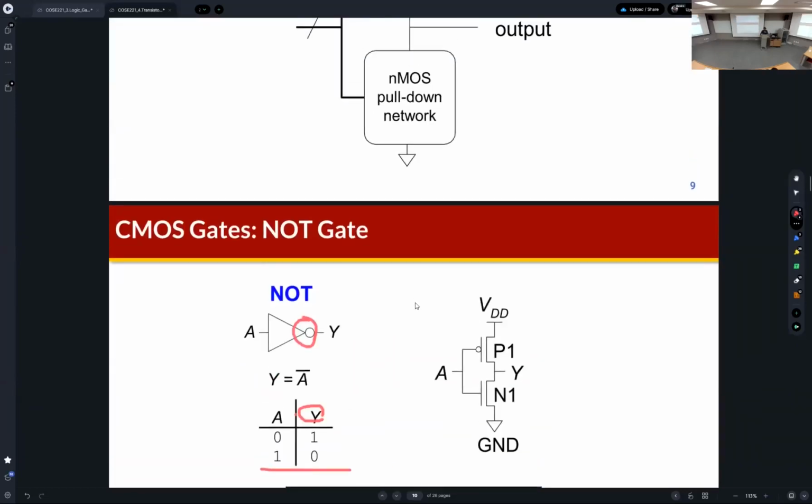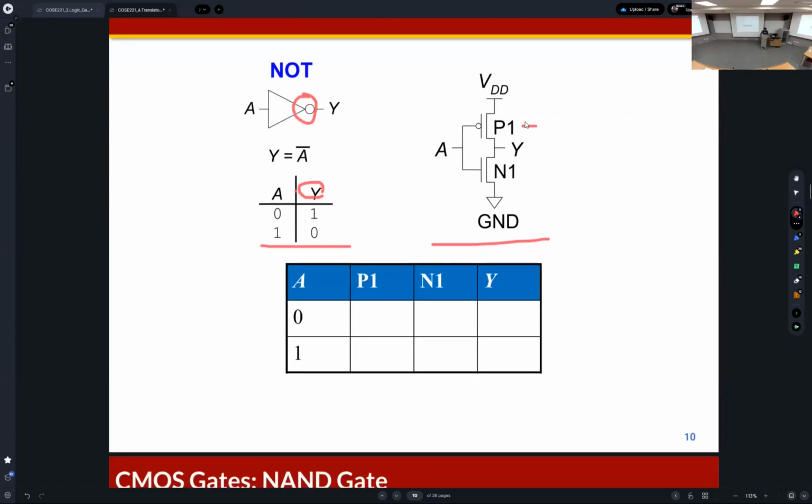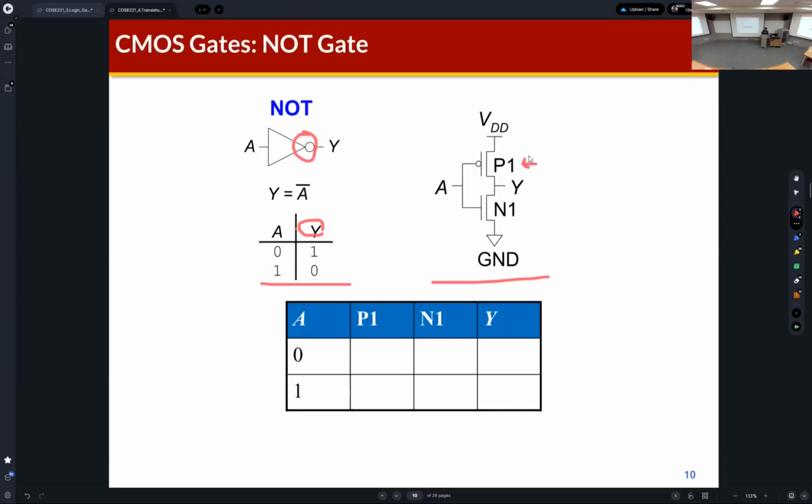We can build the NOT gate using transistors like this. We can observe the PMOS transistor here is P1, and we can also observe the NMOS transistor here. Y is the output and A is the input. Based on the input signal, the output signal is generated like this.